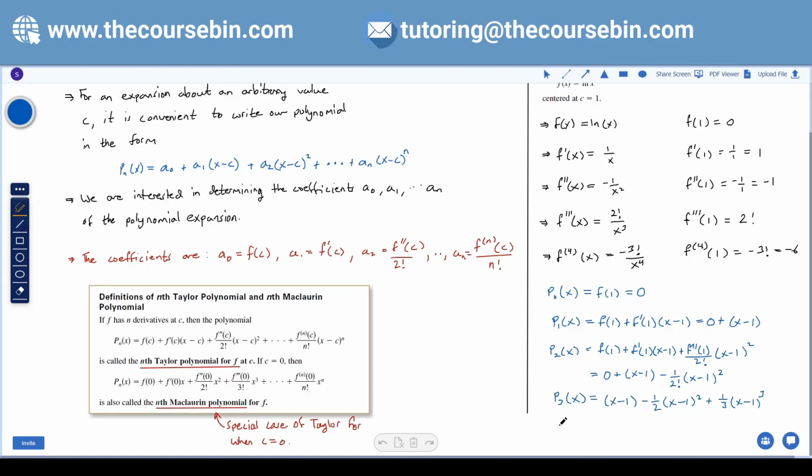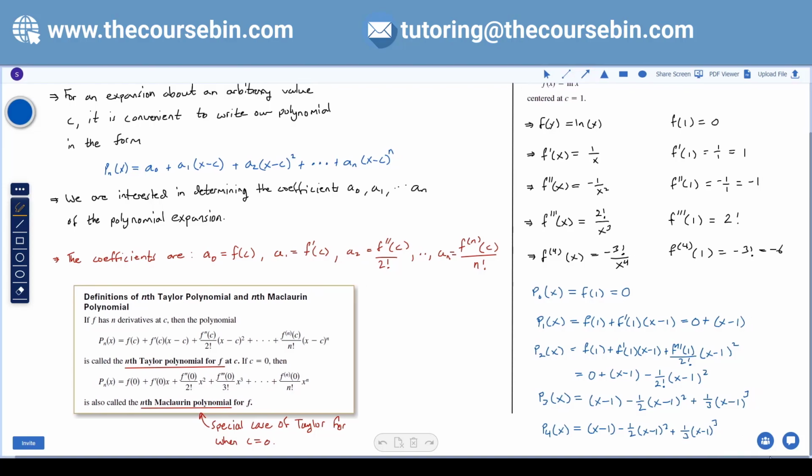Okay, and then we can write P4. So P4 is going to be x minus 1 minus 1 over 2 x minus 1 squared plus 1/3 x minus 1 cubed. And we might have another minus sign here. So this is minus 1 over 4 x minus 1 to the power of 4.